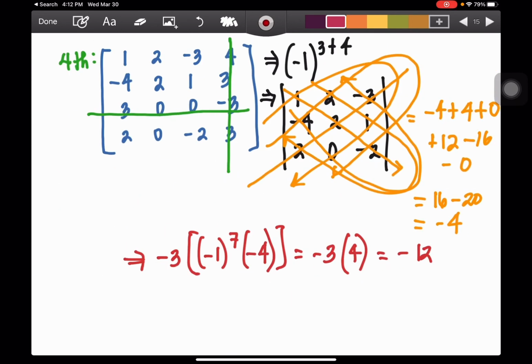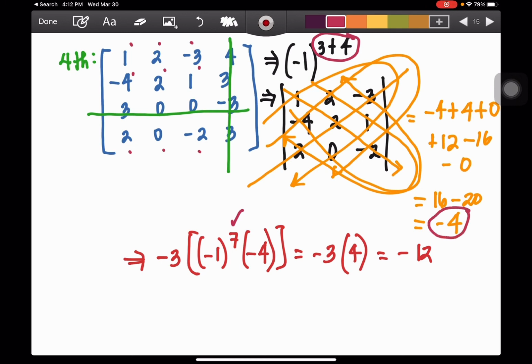Okay, now let's proceed to the fourth case. Again, we're consistent with the third row, so let's proceed to the fourth column. So we have 3 plus 4, which is 7. And then the determinant of the matrix 1, 2, negative 3, negative 4, 2, 1, 2, 0, negative 2 is equal to negative 4.